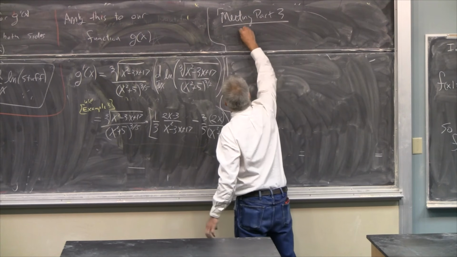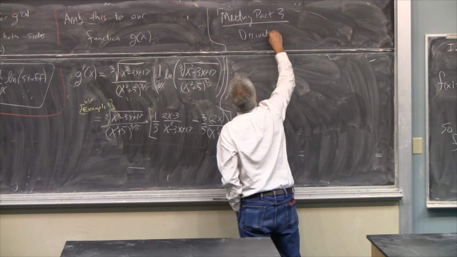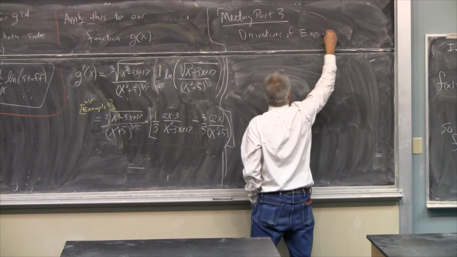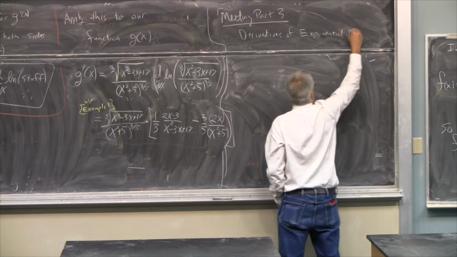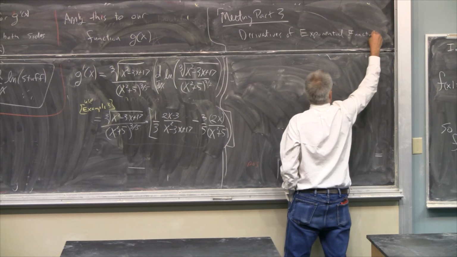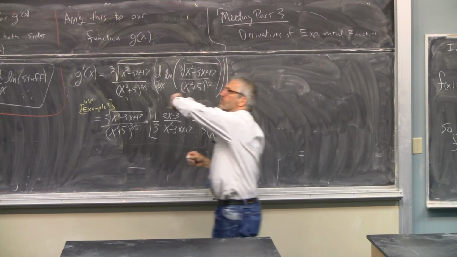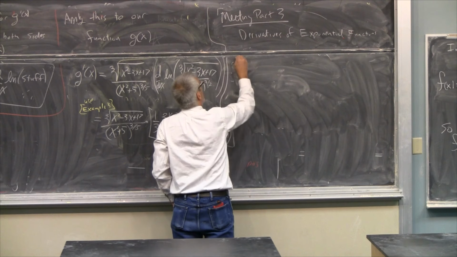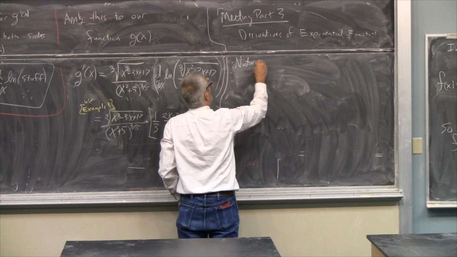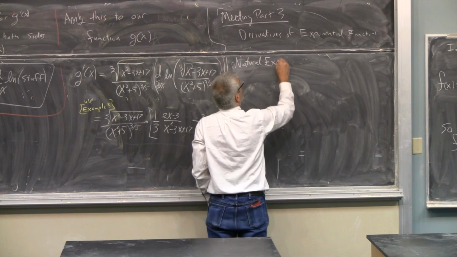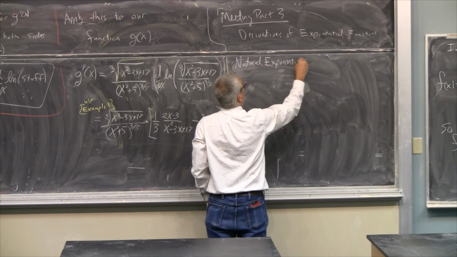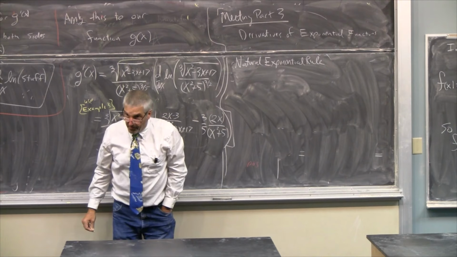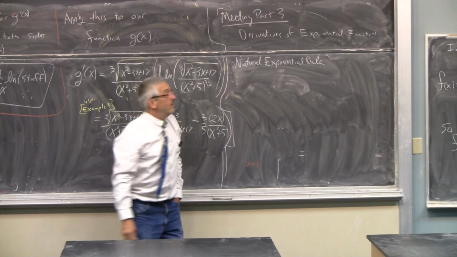Meeting part 3 is derivatives of exponential functions. So we have the natural exponential rule. That is, I take the natural exponential, that's the exponential base e.